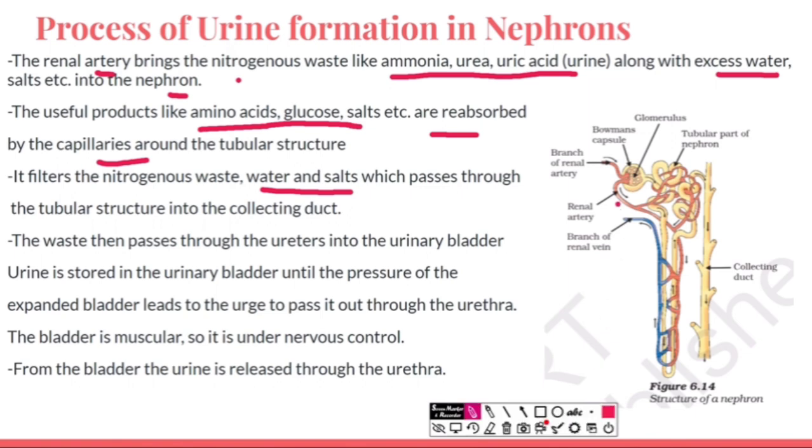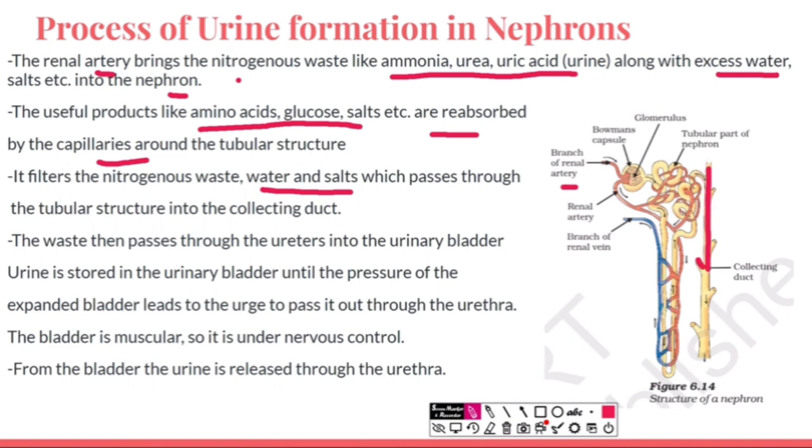So now all the waste from this renal artery enters the Bowman's capsule in the glomerulus. It starts filtering out and then it moves along all these tubules. The excess water and some important salts are reabsorbed by all these veins, and the final product is then moved through these collecting ducts.